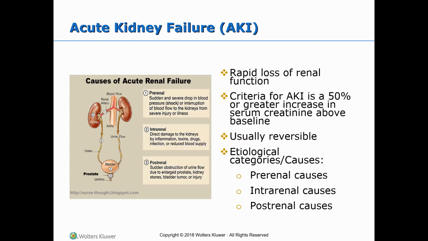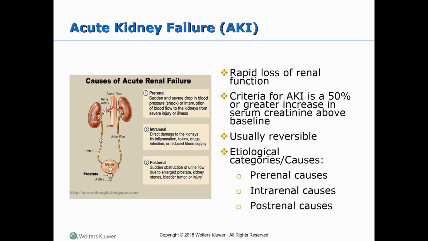This can be due to volume depletion caused by burns, hemorrhage, GI losses, hypotension caused by sepsis, shock, diuretic therapy, circulatory collapse, or renal artery stenosis leading to decreased GFR. Once recognized and treated early, pre-renal related AKI are readily reversible.